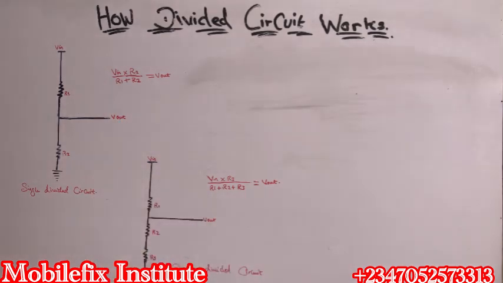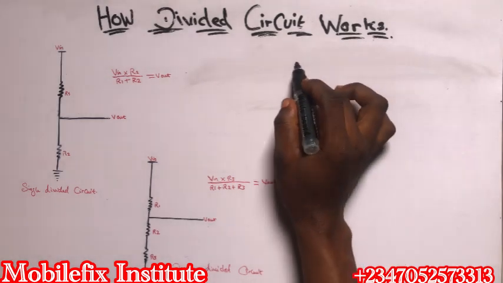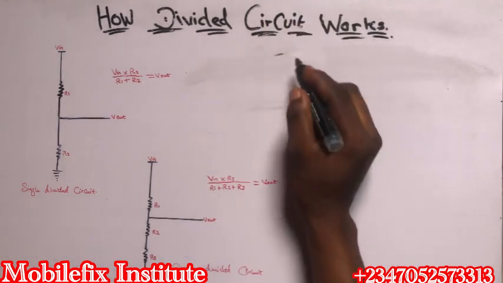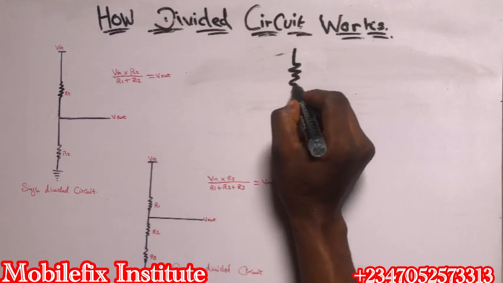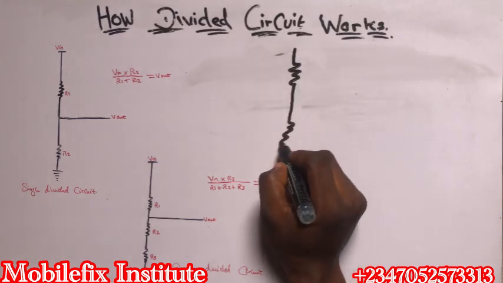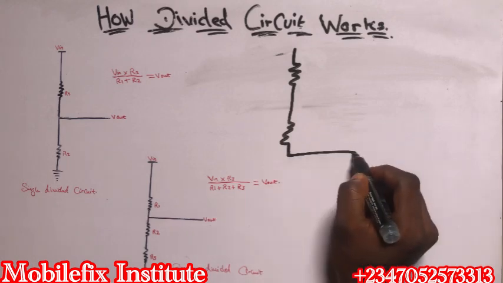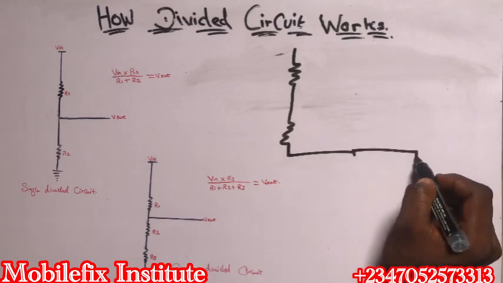Okay, for example, if you see a line, you see a resistor here and another resistor here, but one leg of this resistor, instead of connecting to ground, connects to another line that is not ground.